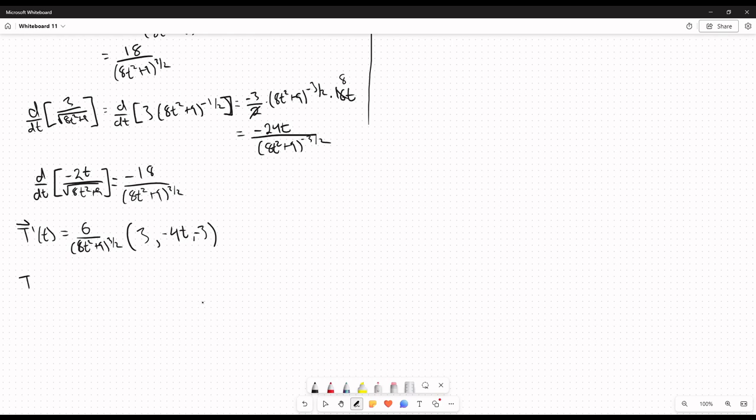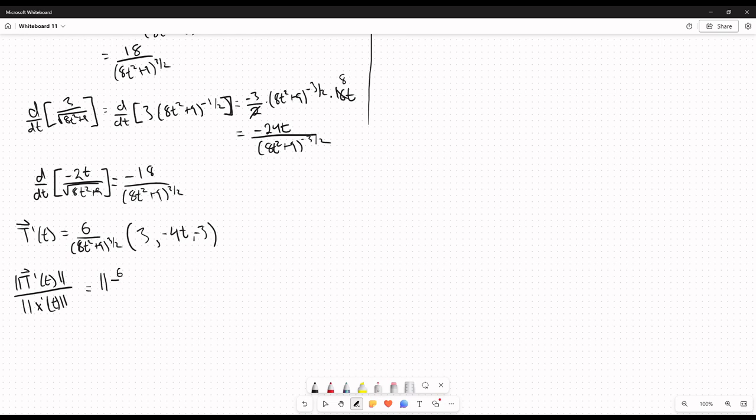But what I'm really interested in is the norm of T divided by the norm of x prime of t. Now, what I can do, I'll write this out.